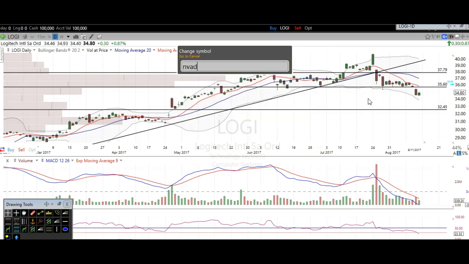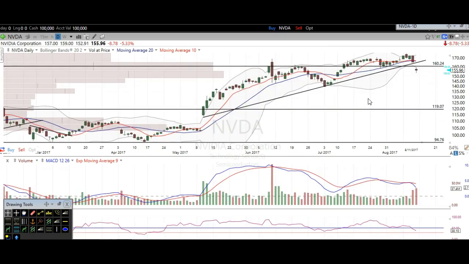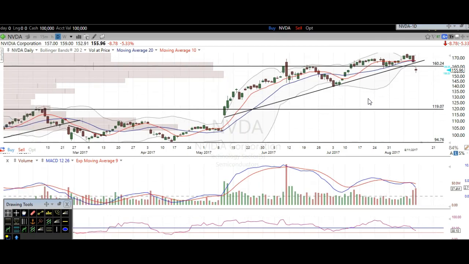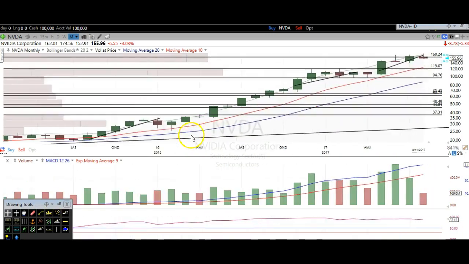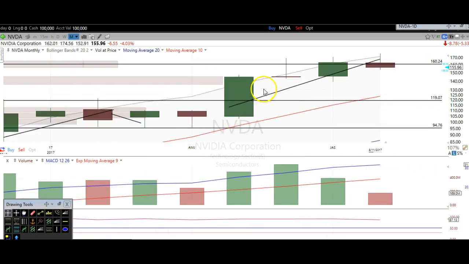Next one we're going to take a look at is NVDA. And on NVDA, I want to cover the monthly chart just really quick. On the monthly chart, you can see we had this inverted hammer right here, and then you've got the next candle that couldn't hold over the highs of that inverted hammer.